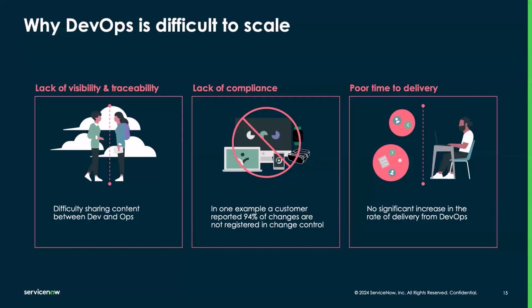And what started happening is we started losing some control and visibility into what changes were being made in production, right? So they adopted methodologies like DevOps, where under continuous delivery, for example, you're making small and incremental changes continuously to production. And we needed to be able to capture those changes in an automated way.